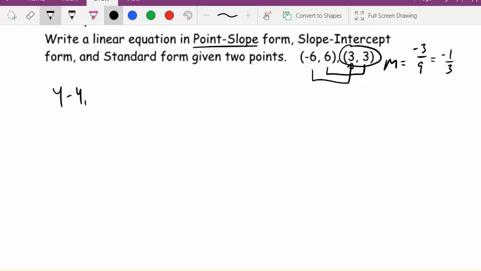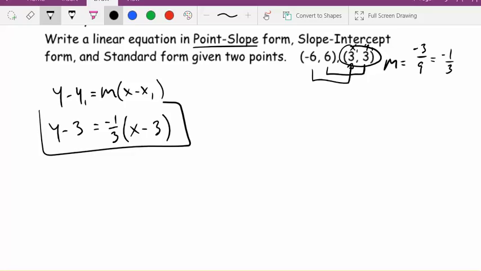Y minus y1 equals m times the quantity x minus x1. So y minus, what's my y value? 3, right? Equals slope negative 1/3 times the quantity x minus 3. So this is point-slope form right here.